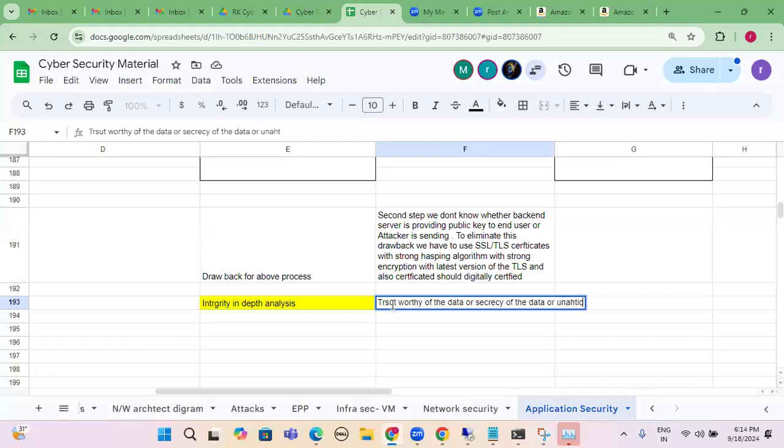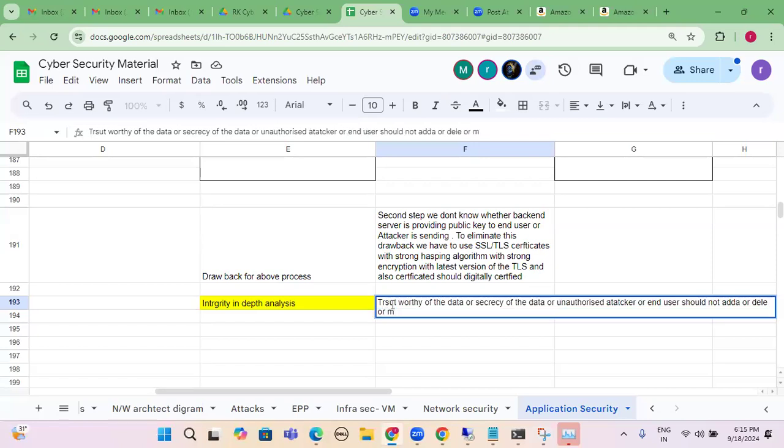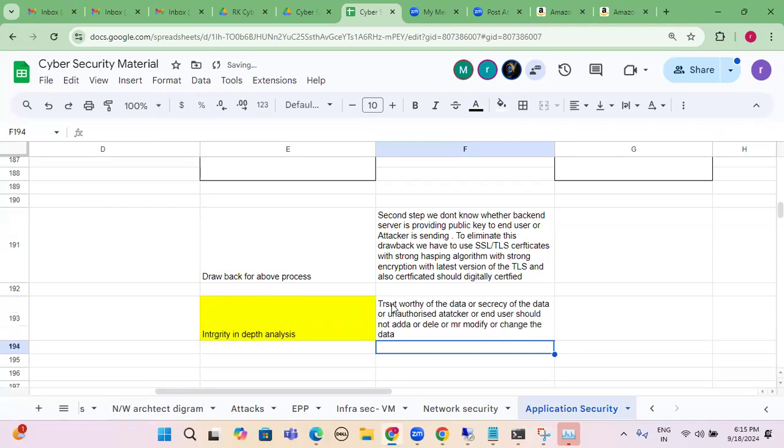An unauthorized attacker or end user should not add or delete or modify or change the data. So that is called integrity.